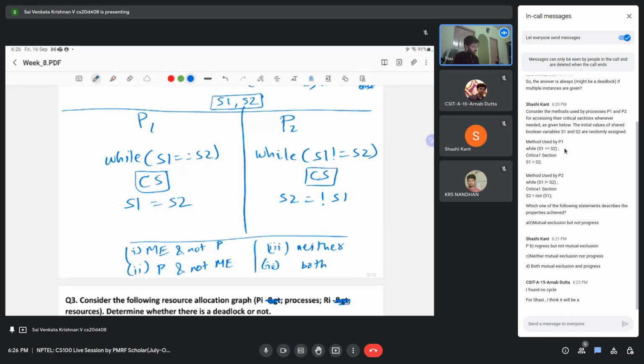Okay. So for mutual exclusion, the initial values of the shared Boolean variables are randomly assigned. So then there are four cases. Either S1 and S2 are both 0, or both 1, or 10 and 01.